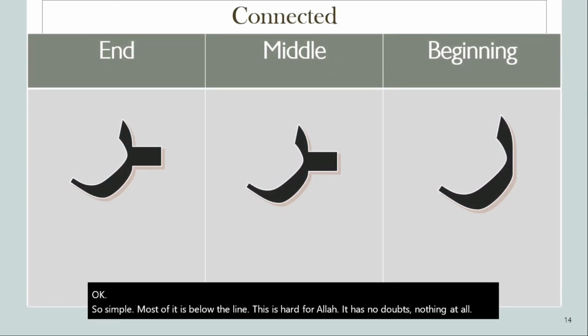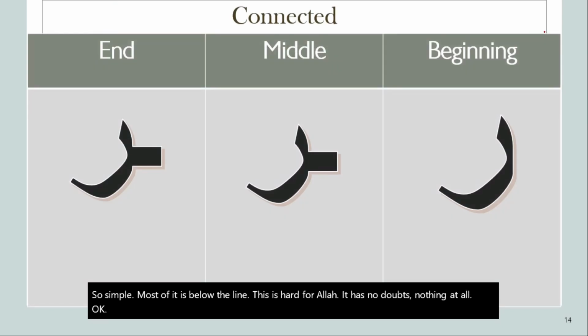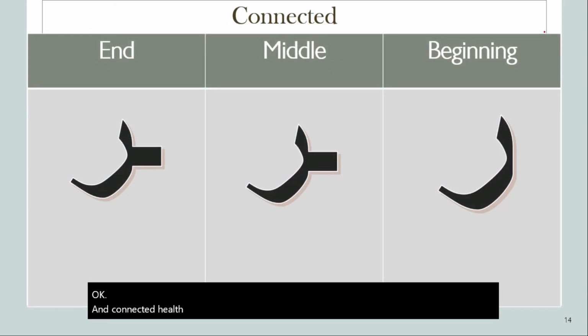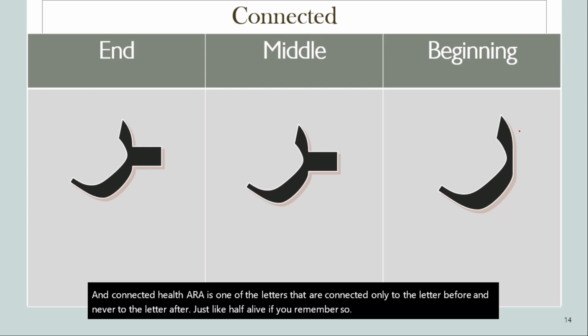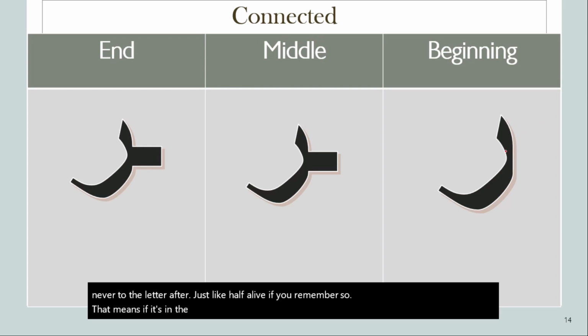And connected. حرف الراء is one of the letters that are connected only to the letter before and never to the letter after, just like حرف الألف, if you remember. So that means if it's in the beginning of the word, it will not be connected to whatever letter after it.